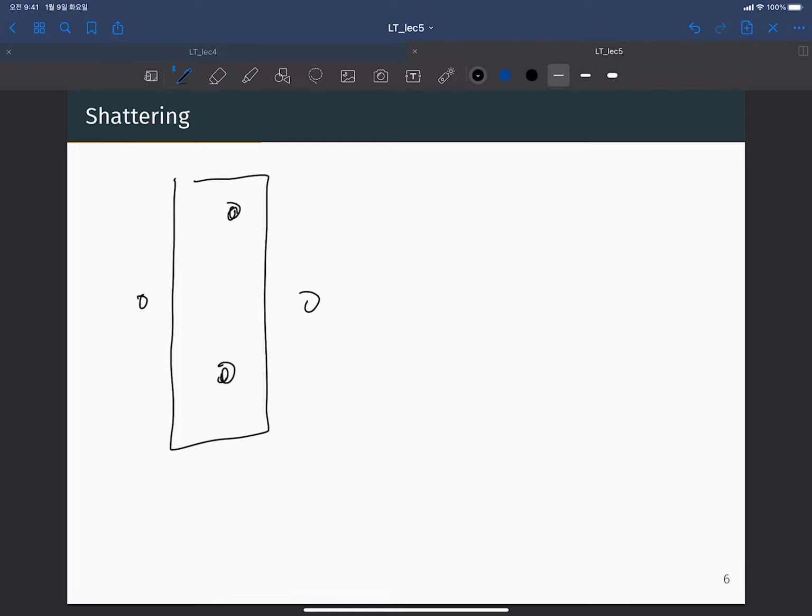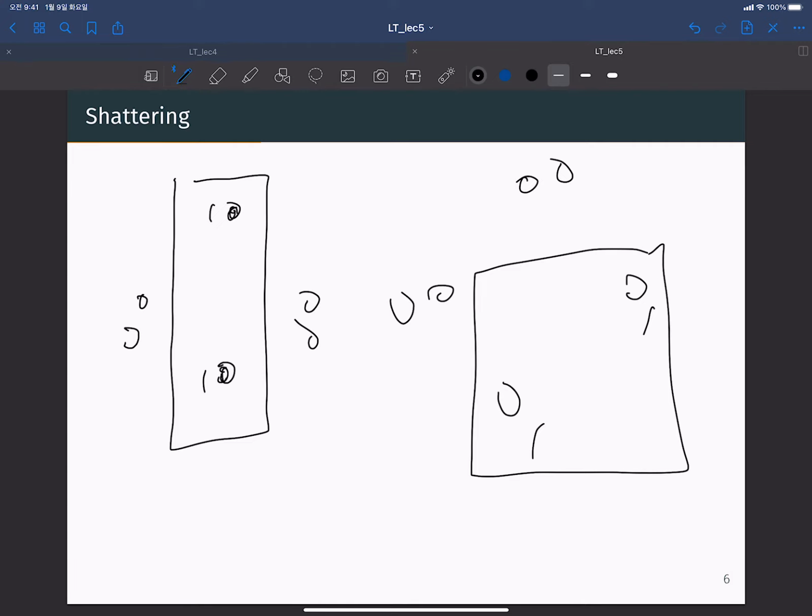And with the box, we can shatter these 4 points. So we can make this 1, 1, 1, 0, 0. And we can also define 1, 1, 0, 0 using this box, and so on. We can include any subset of these 4 points using a rectangle.